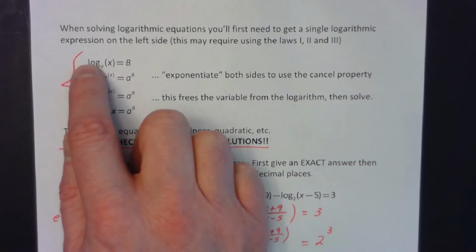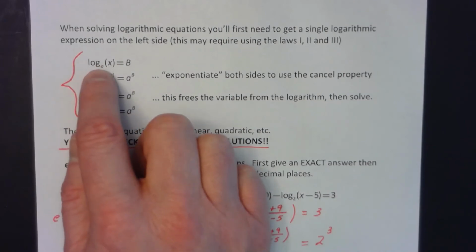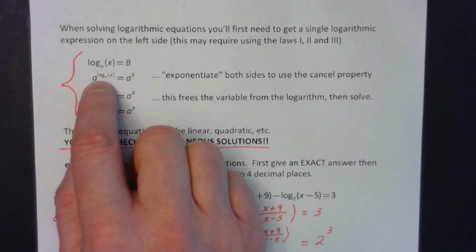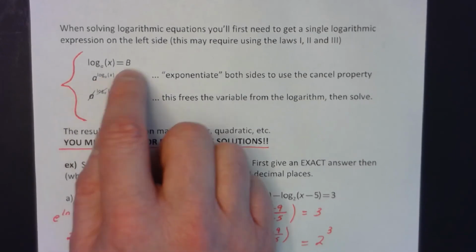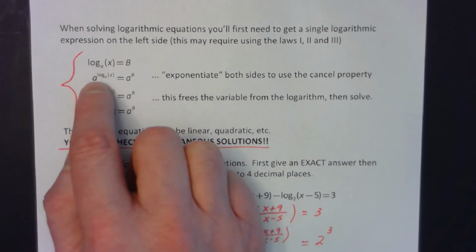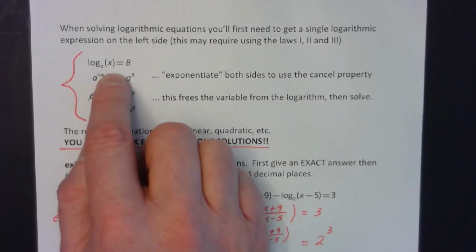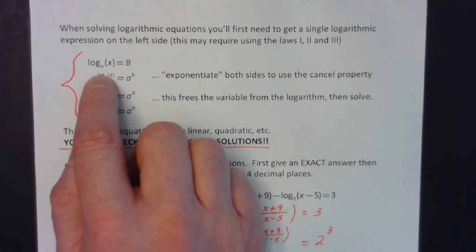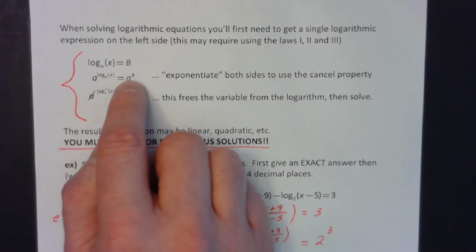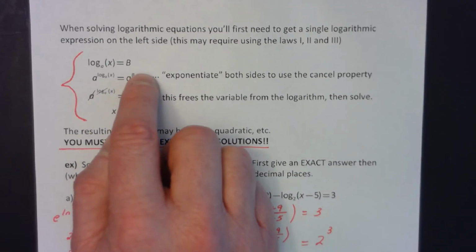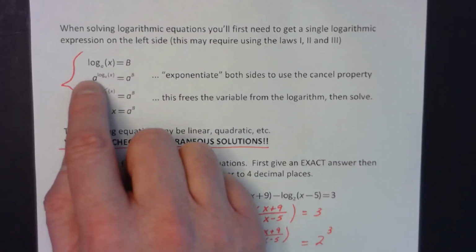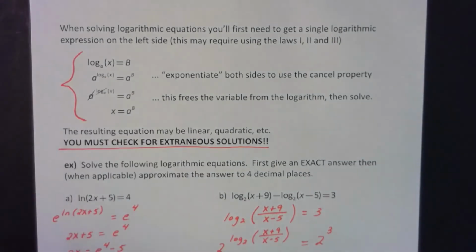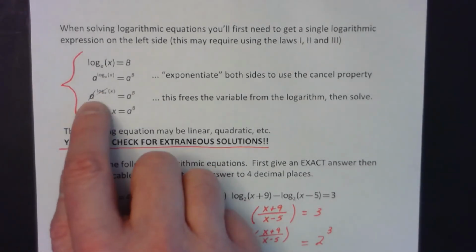So if I have an equation that has a log base a of x and I'm trying to get rid of that log base a, I say, well, the inverse is an exponential base a. So I literally have to take each side of my equation and shove it up into the exponent of an a. So I get a raised to the log base a of x and a raised to the b power. And then exponential base a, log base a, they are inverse functions. I can eliminate them in that step.